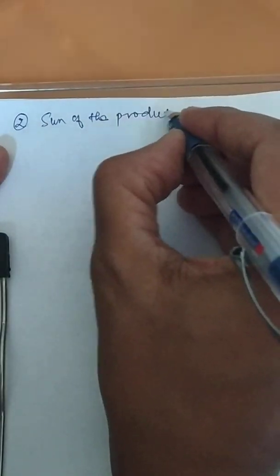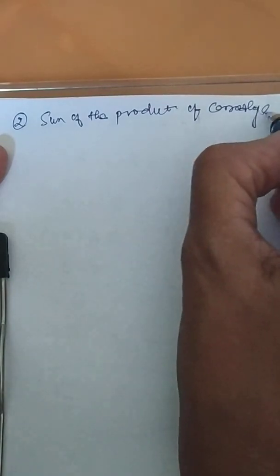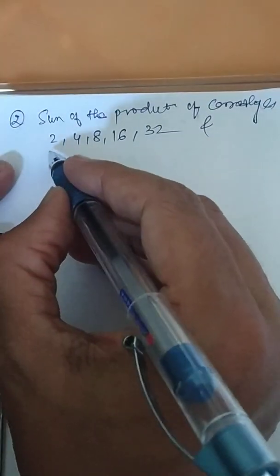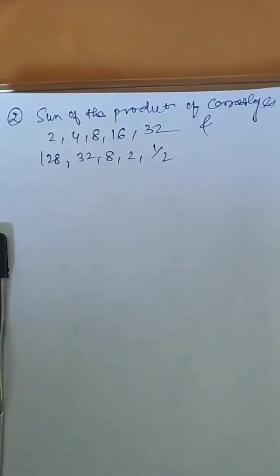Next question: find the sum of the products of the corresponding terms of the sequences 2, 4, 8, 16, 32 and another sequence, 128, 32, 8, 2 and half.